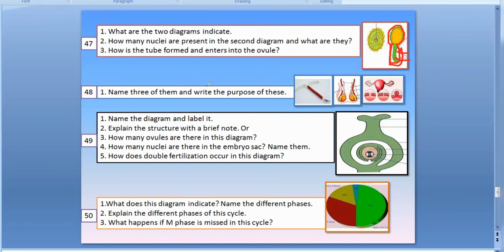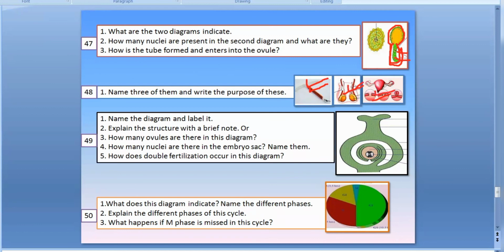Name three of them and write them. Here: loop, vasectomy and tubectomy. These are the preventive methods, that is, methods to control pregnancy. These are the three methods: one is the loop, vasectomy, and the tubectomy.